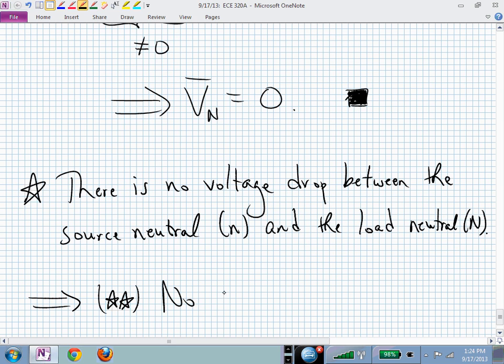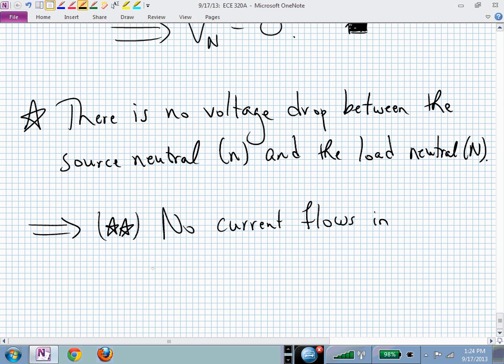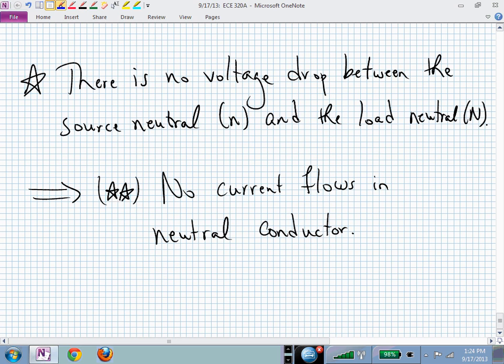There's no current flowing in that neutral conductor. And that gives us the two options that I'd referred to before.